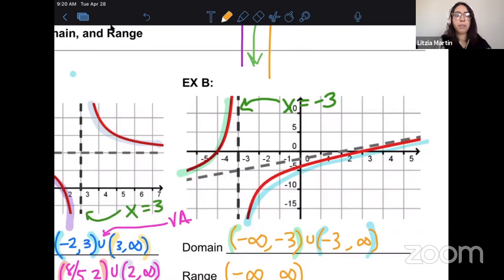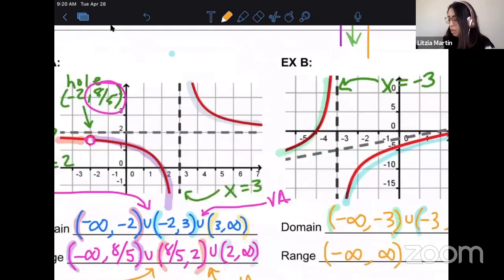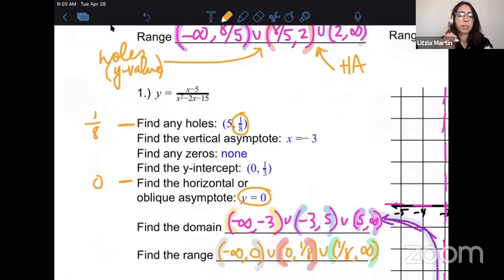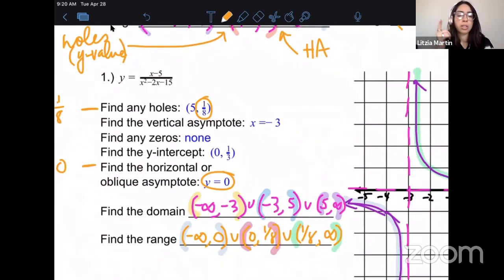To help you prepare for that, I have just this worksheet that I'll post to Schoology where you're going to be going through basically all of these steps that we've been doing. So finding every single part that you see there, the holes, vertical asymptotes, zeros, y-intercept, horizontal, slant asymptotes, domain and range, and then graphing.